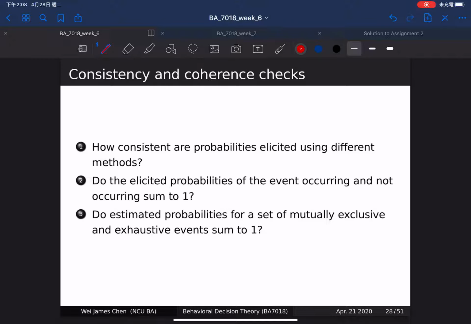I already talked about this, but basically here the example the textbook gave is whether P(A) and P(not A), or actually in this class I was using complement, equals 1.